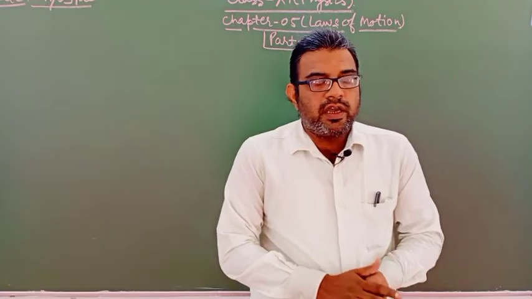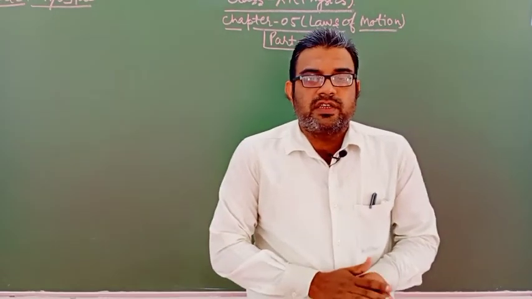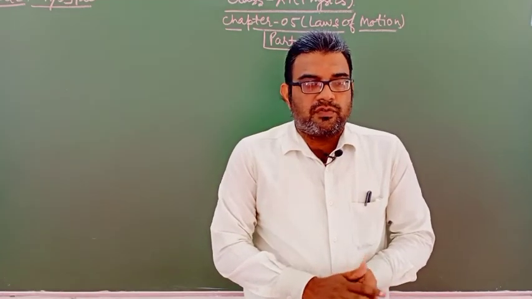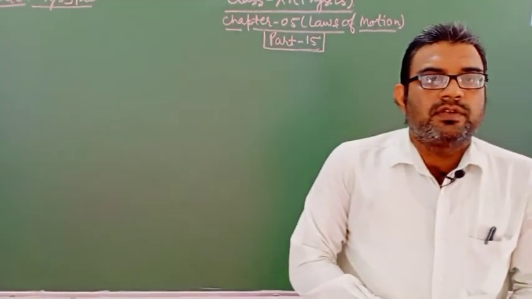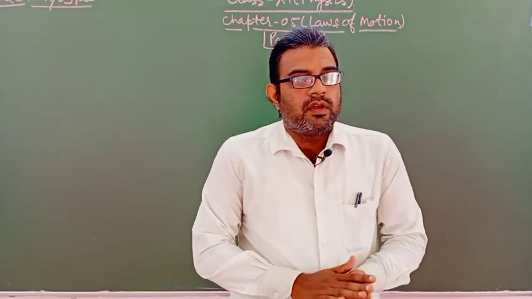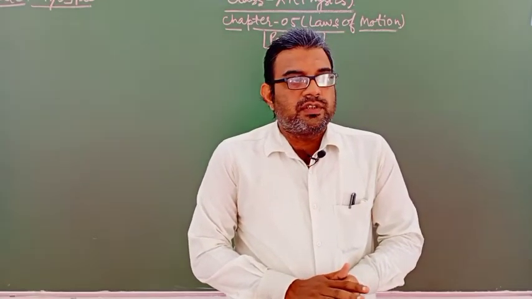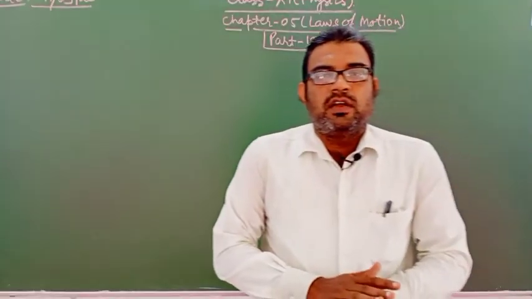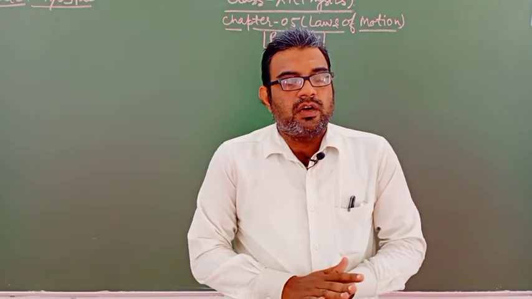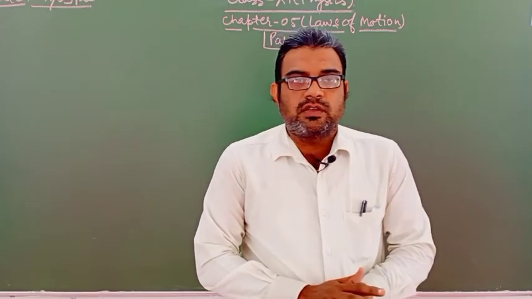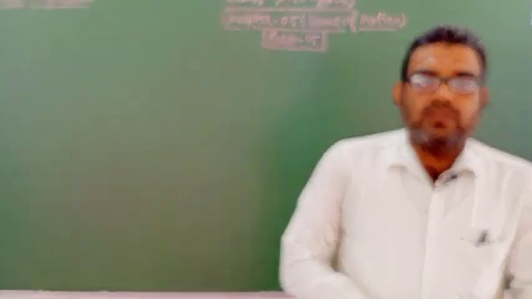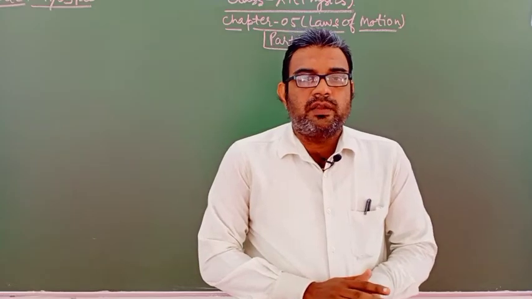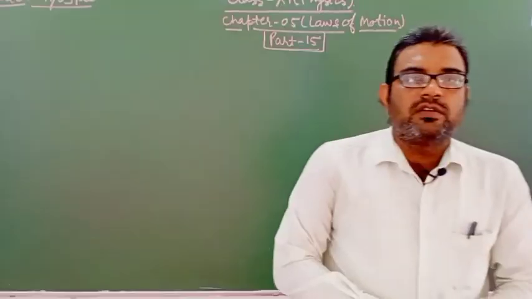While discussing it, we had discussed that when a body is sliding over a horizontal rough surface, a force of friction, that is the limiting friction, acts on the body opposite to the direction of motion, and the normal reaction acts on the body due to its weight.